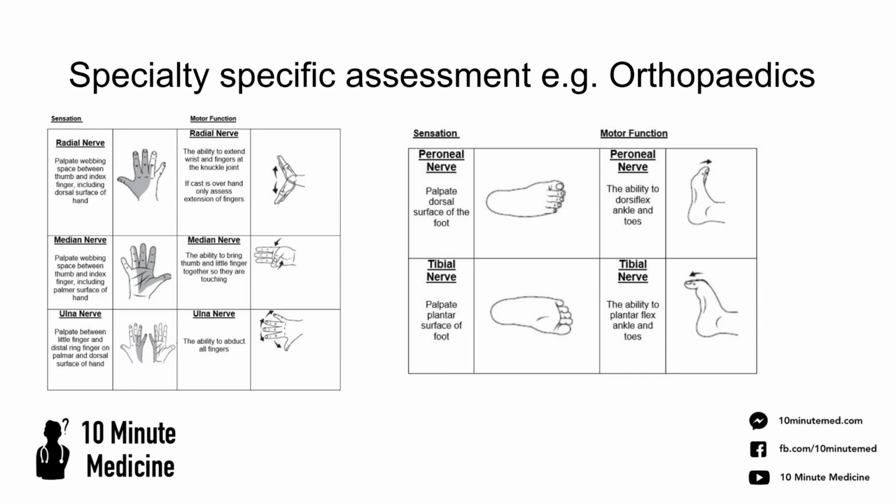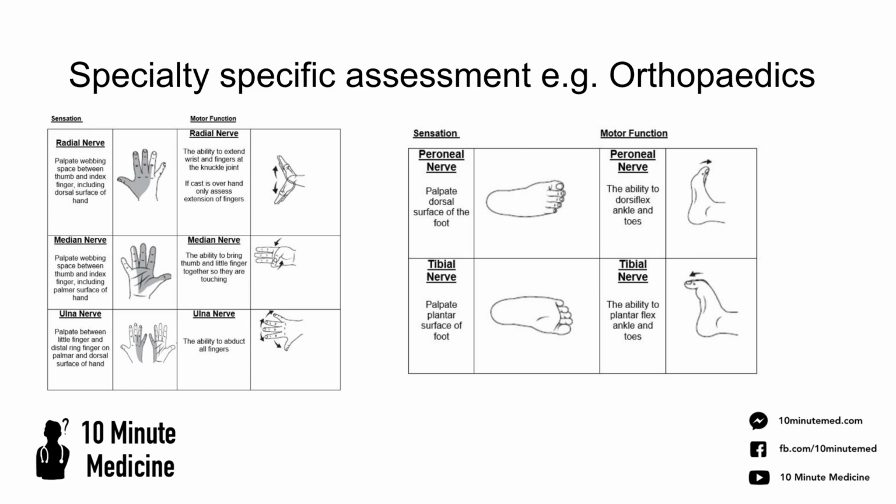Finally, I've included a specialty-specific assessment. I've provided an example here, which is orthopedics. So after an orthopedic operation, you often have to document whether someone's neurovascularly intact. In terms of the vascular part, that would be commenting on things like cap refill and whether a pulse is present.